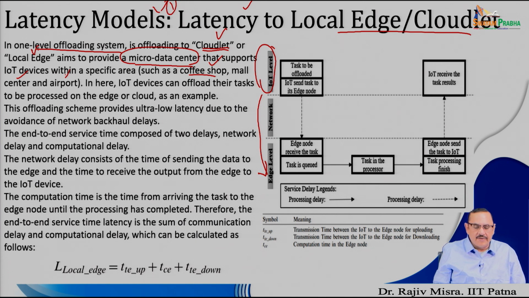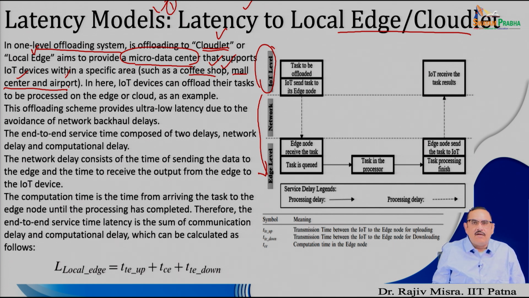All these devices which are being used in the coffee shop, mall center or airport are low resource devices, also called IoT devices. If you have seen a credit card machine, called a POS machine, that also is an IoT device.